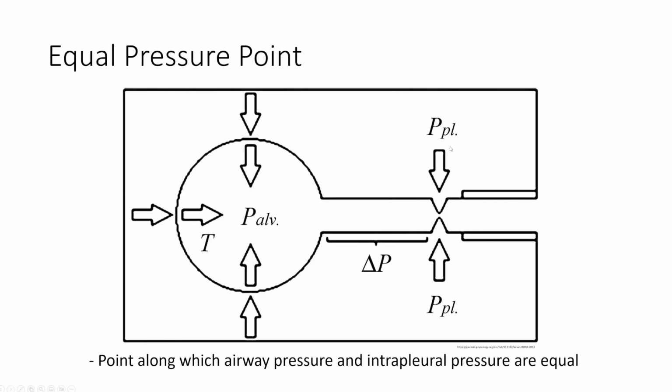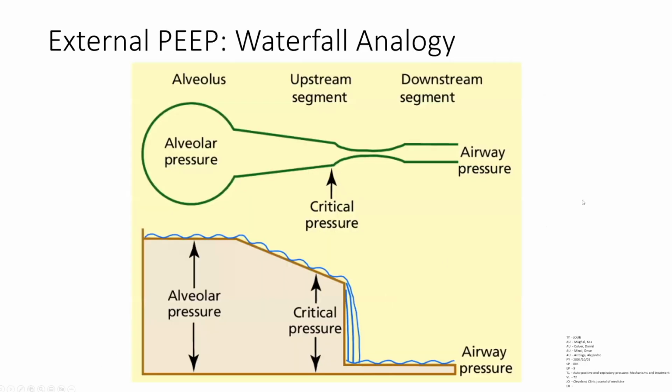Now, in someone with dynamic airflow obstruction, this choke point tends to happen very early during expiration because they just don't generate recoil pressure, because of the extent of damage and inflammation in their lungs. So if we think about the waterfall analogy discussed by Dr. Tobin in 1989 in his paper published in Chest, he says that by applying PEEP, you can stent open these airways.